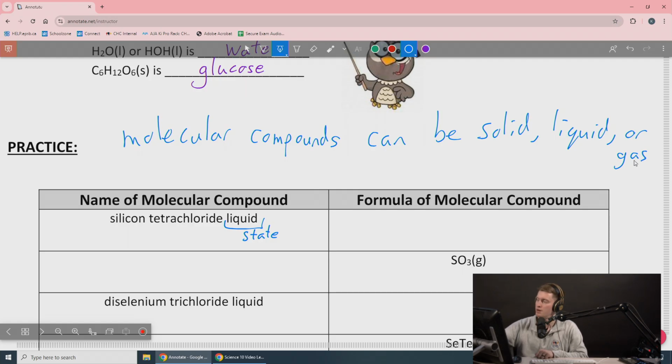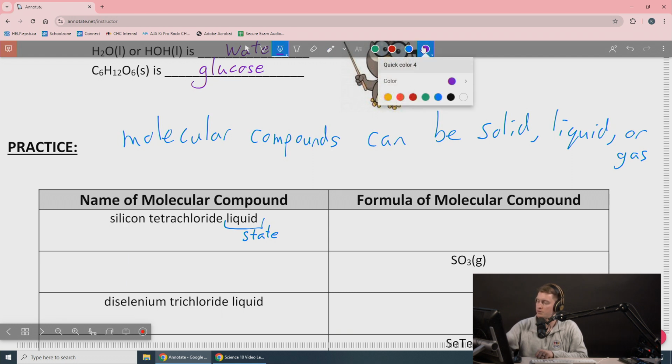So we didn't have to worry about this state as much because we could just put the little s in brackets. For molecular compounds, it's important to name the state because it could be any of these. Silicon tetrachloride liquid. I'm going to work through these and just put the symbol below.